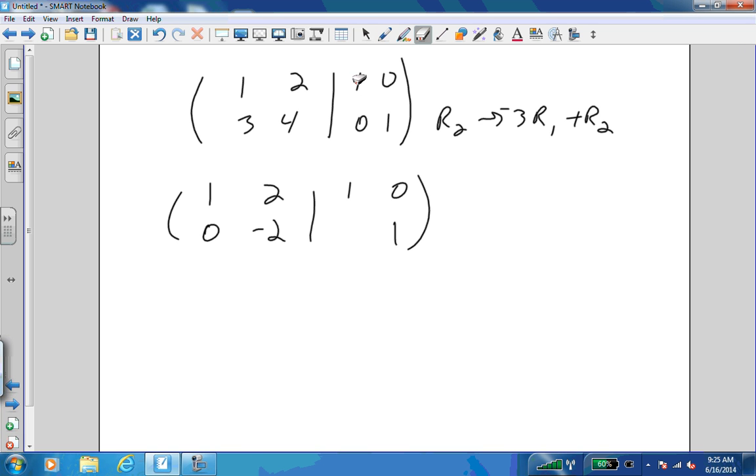So -3 times our first row is -3 plus 0, so -3. -3 times this, that's 0 plus that, so 1.